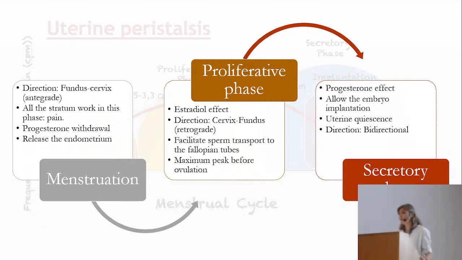Then in the proliferative phase, just before ovulation, due to the effect of estradiol and, to a lesser extent, progesterone, the contractions change and go from cervix to fundus in order to help the sperm reach the fallopian tube. And finally, in the secretory phase, the contractions become quiet because of the progesterone effect, to help embryo implantation.